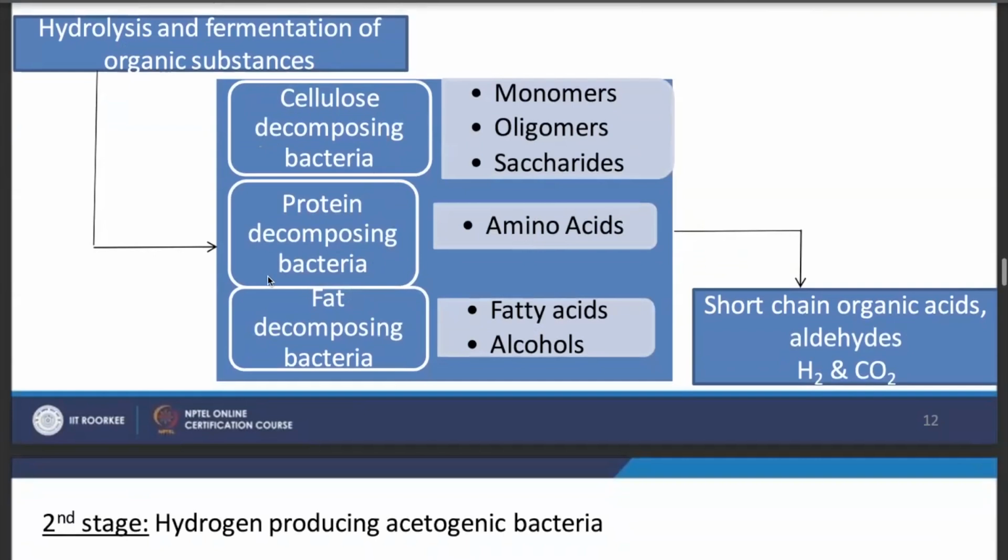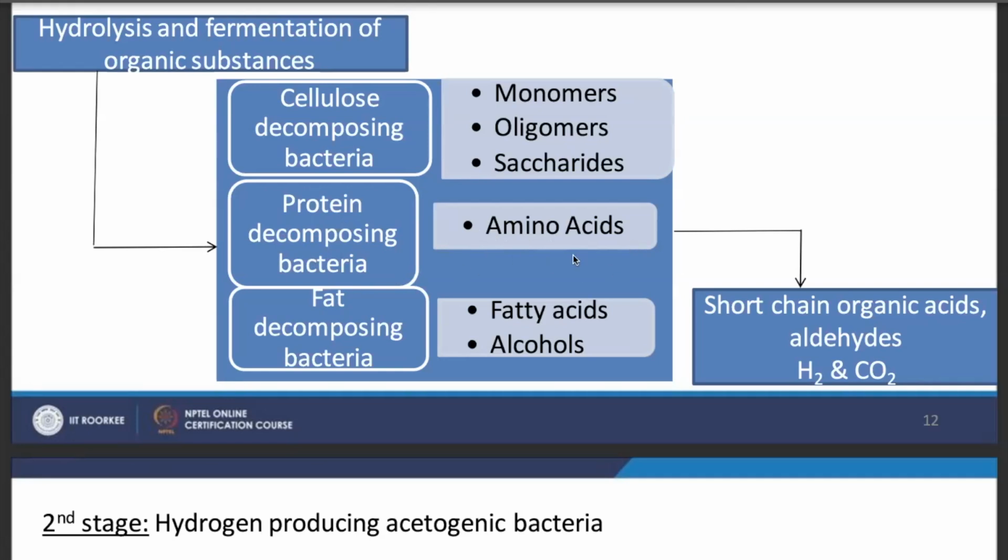If you use microbes which degrade or decompose protein, the monomer or the smallest unit of a protein is an amino acid, right? Hence, these microbes will convert protein into amino acids or peptides.